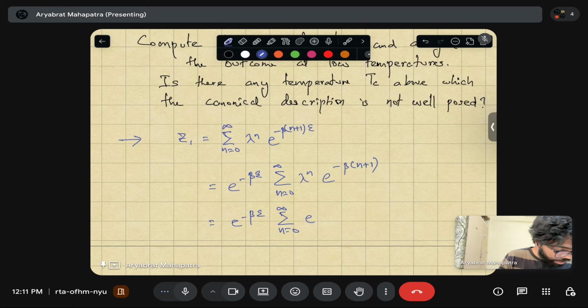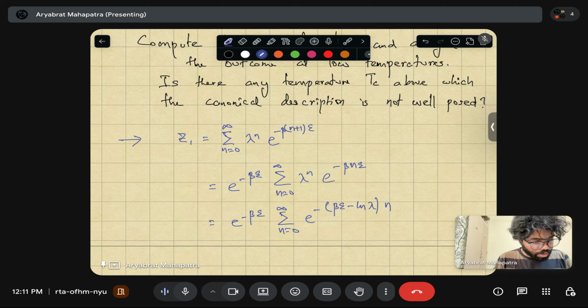So this will be exponential of minus n times (beta epsilon minus ln lambda).